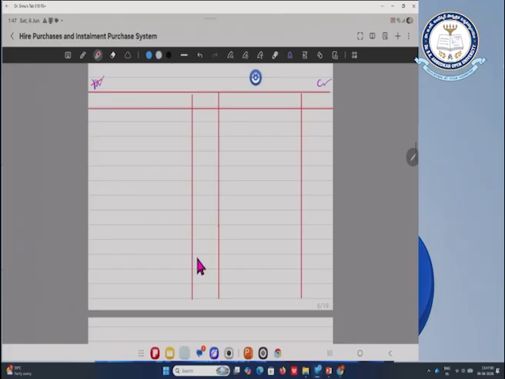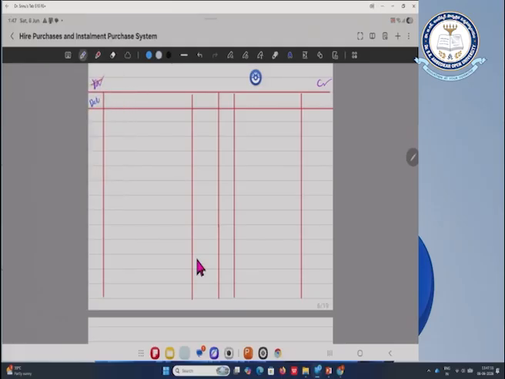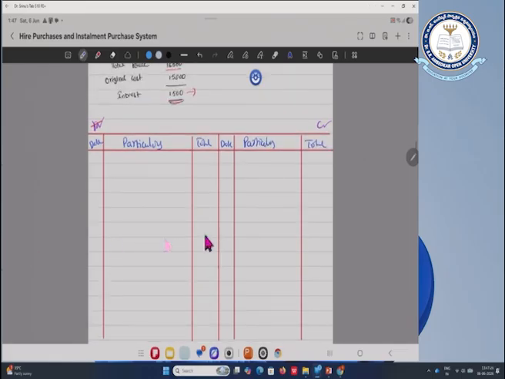Date, particulars, total amount; date, particulars, total amount. Year wise you have to draw it. Yeah, year wise you have to prepare the account.